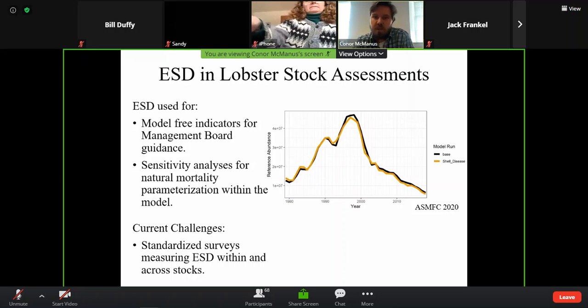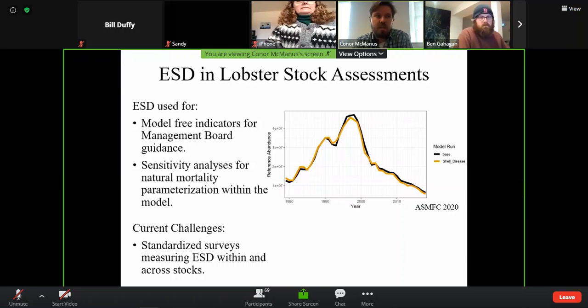The current challenges that we face for this work is that when we do either the indicators or this trend informing the assessment model, there hasn't been any standardized survey across stock units that has allowed for direct comparison. Oftentimes, while we all measure disease the same now since 1996 in terms of classifying it, there hasn't been the exact same survey standardized that allows for an easy comparison.